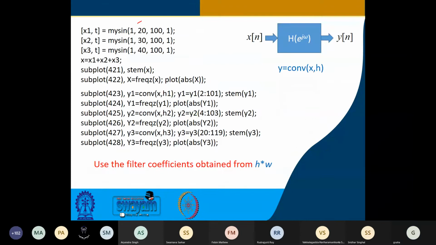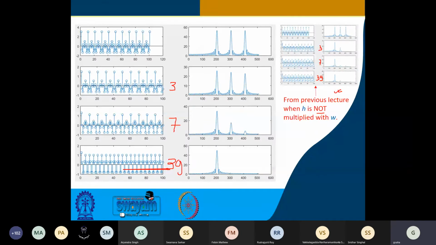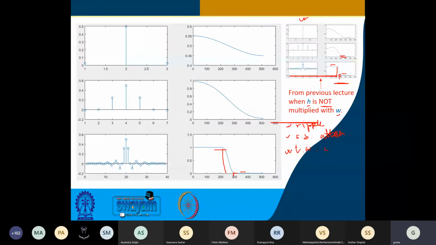Can somebody relate whatever has been observed to those 3 things in practical uses, where you are trying to isolate, separate out one particular frequency by designing a low pass filter? 3 orders are there, 3, 7, 39. What do you observe here, and what has been observed in the frequency response?